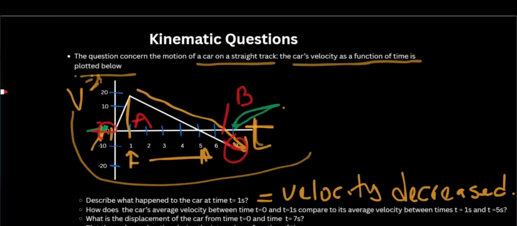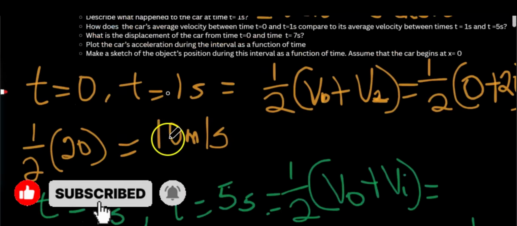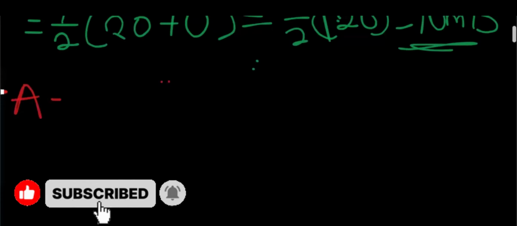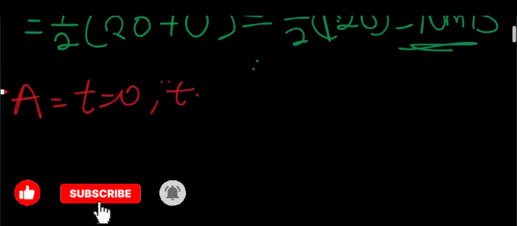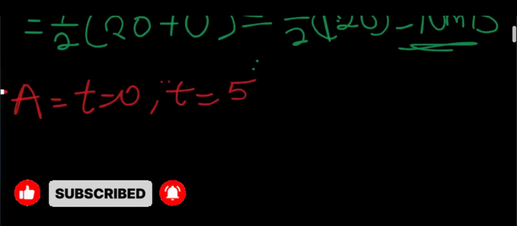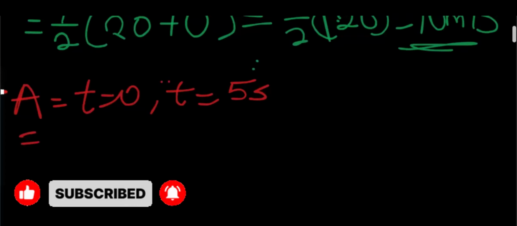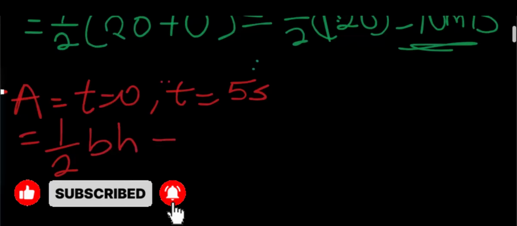And the second part will be from 5 seconds to 7 seconds. So let's find the first displacement of A. For A, when t equals 0 and t equals 5 seconds, we apply the triangle law, the area of a triangle, which is half base times height.